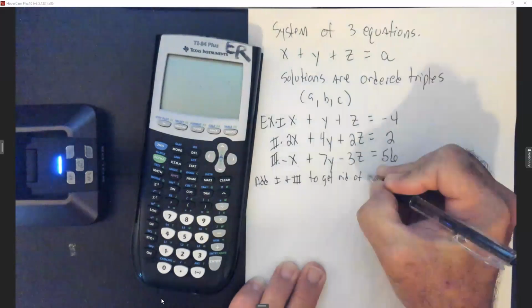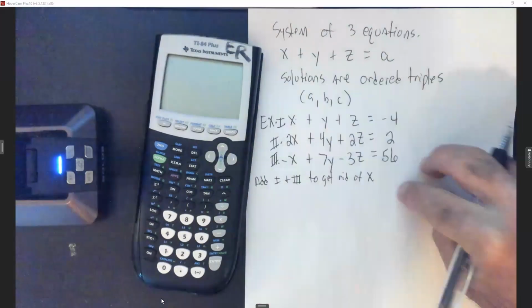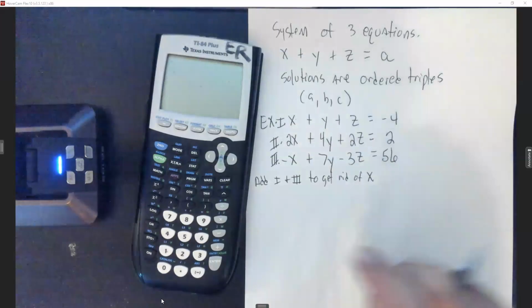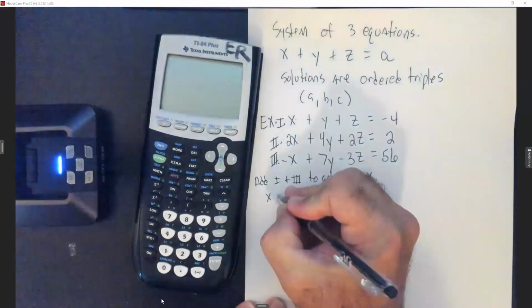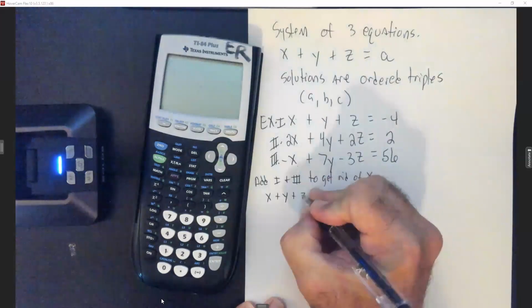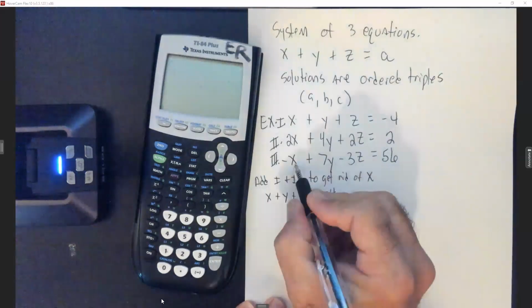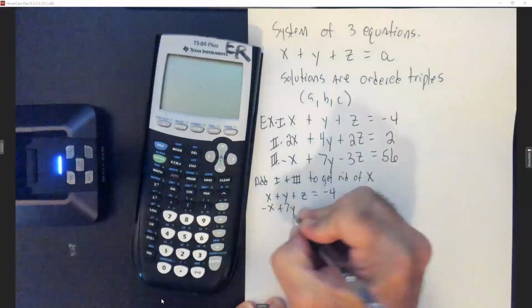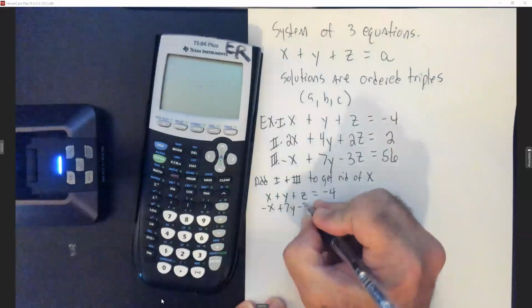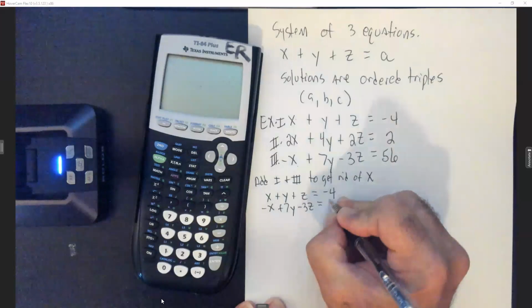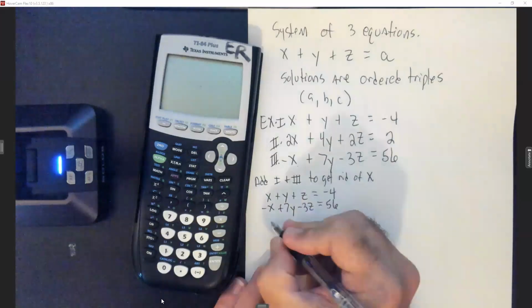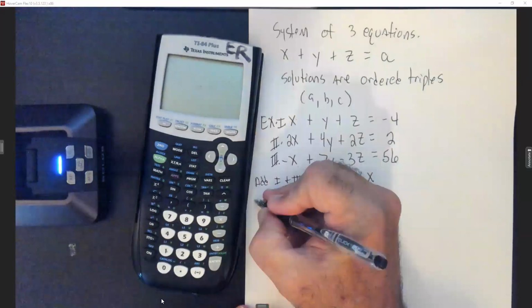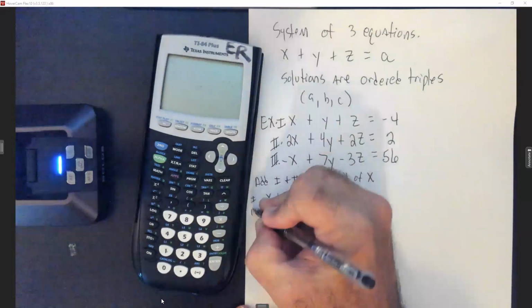So I'm going to do that here, and then I'll do the second side here. Equation 1 was x plus y plus z equal to -4. Equation 3 is -x plus 7y minus 3z equals 56.